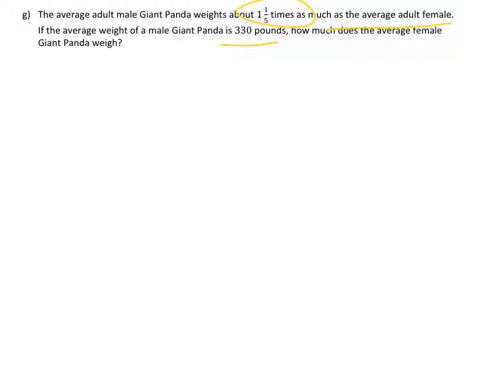If I have a female's weight and I multiply it by 1 1/5, I will get the outcome of the male. So I want to go backwards through that. If I take the male's weight, 330 pounds, and divide it by 1 1/5 times, I should get the original. I should be undoing the female times 1 1/5 equals male.